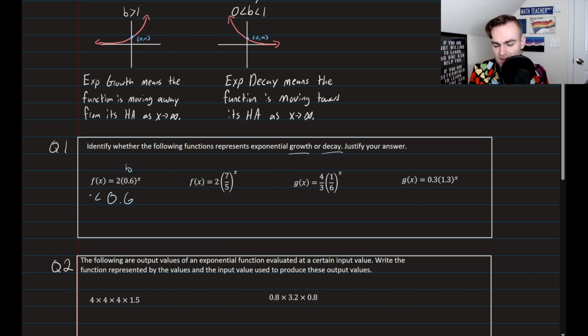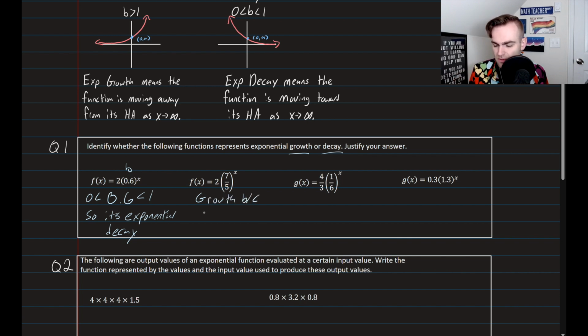This one is also ugly, but it's fine. It is in between 0 and 1, so it's exponential decay. And we're going to try to justify with that, so on and so forth. And you can say in the opposite order that this is growth. I'm going to skip writing the word exponential because I don't want to write it all the time.